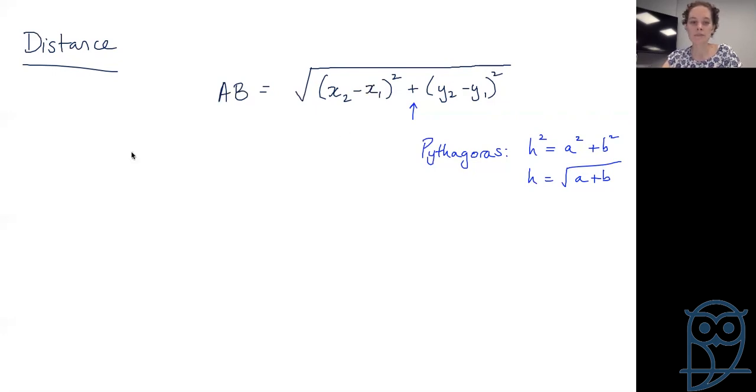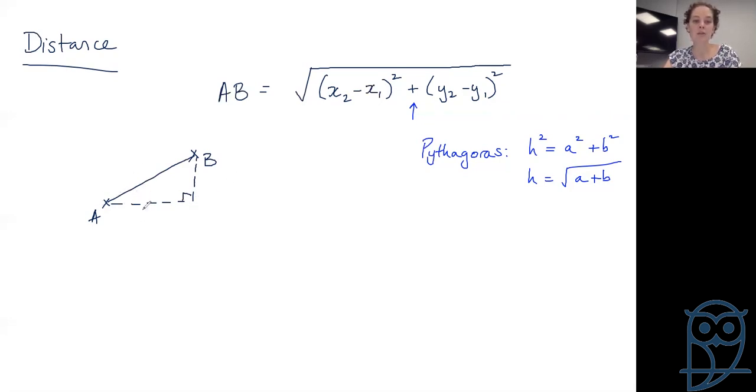Where does it come from? Well, if we put our AB on a slant now, AB, this length here, if we draw ourselves a nice, beautiful right-angled triangle, is ripe and ready for Pythagoras. So, h squared equals a squared plus b squared.